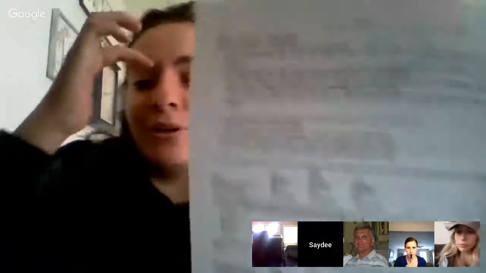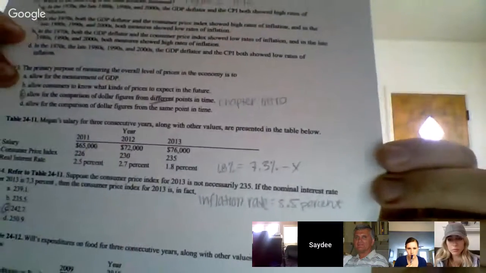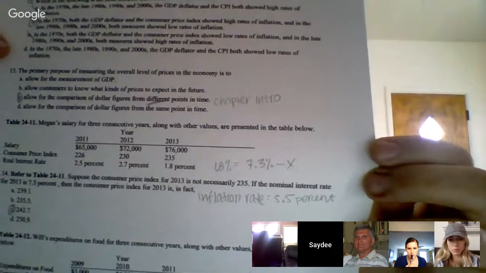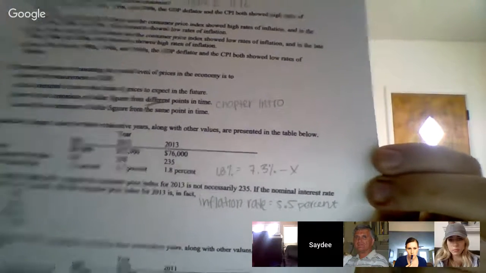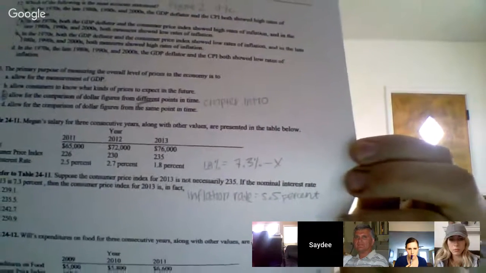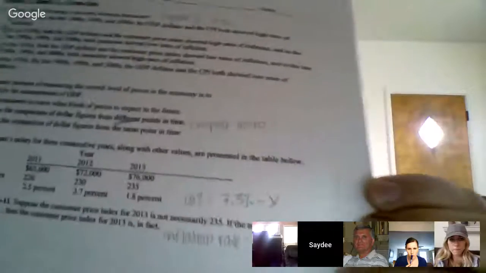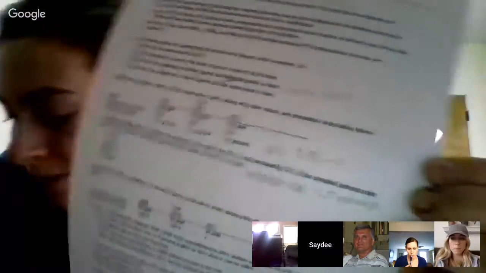I'm still not understanding how to do that problem. Sadie, do you have your sheet available? Can I look at your sheet so I can see just how you plugged in those numbers? I have the first, let's see here. I have the first step of it, and then you just multiply the inflation rate by your CPI for that year, and it gives you, I don't remember. Hold on.